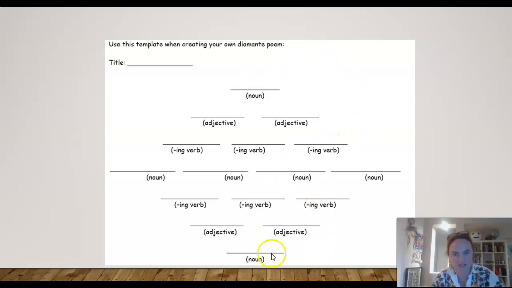Then on your 7th line, you're going to put your noun for your opposite topic. Someone in my class had done lava, so they would put lava there, and then they had ice. So they'd have lava at the top and ice at the bottom.